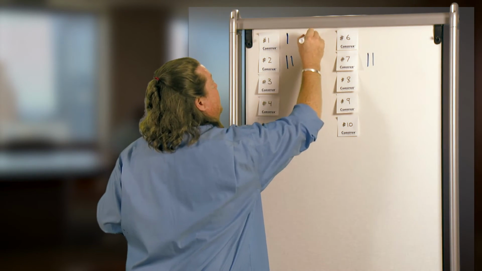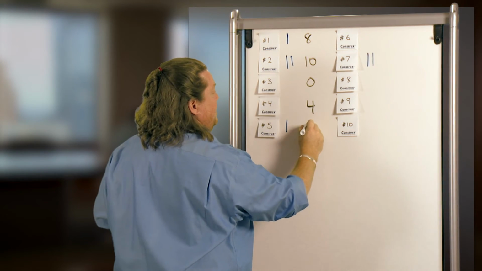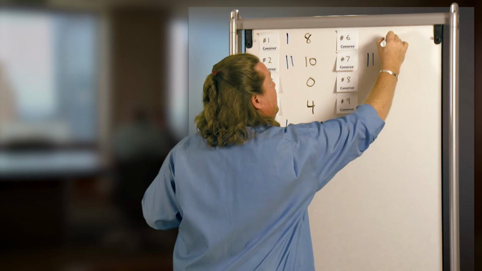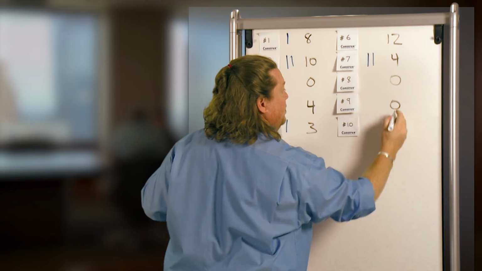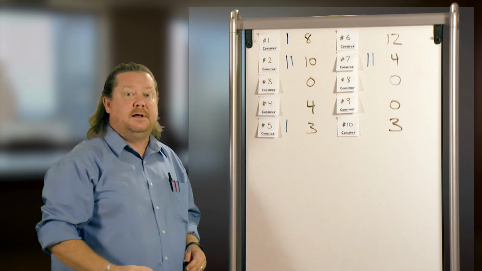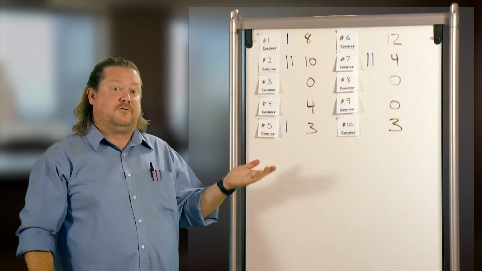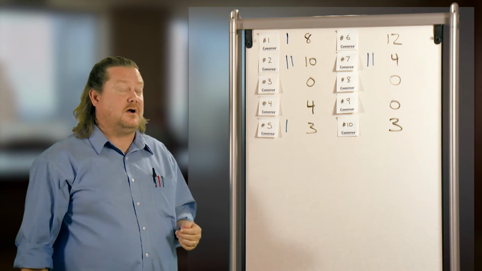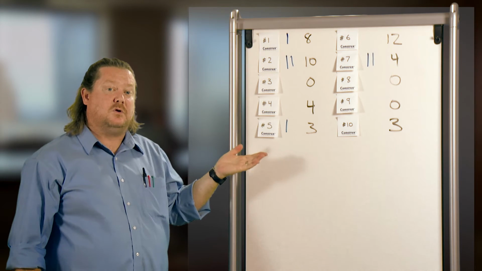We have 8 votes here, 10 here, 0 here, 4 there, 3 here, 12 here, 4, maybe 0 and 0, and maybe 3 here. And then it's just a simple matter when you come to the prioritization part for the facilitator, for the Scrum Master, to prioritize based on the number of votes the items got.